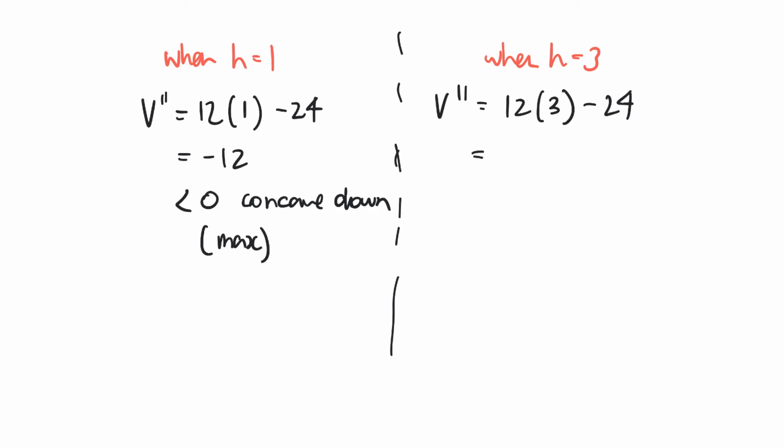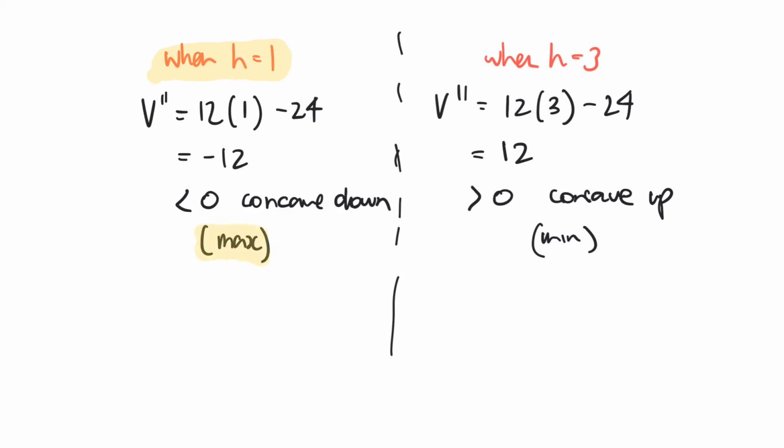Over here, when h is 3, we're getting a positive value of 12, greater than 0, meaning we've got a graph that is concave up at that point, which is going to give us a minimum value of that graph. Now that we've done our work with our second derivative to determine the nature of those stationary points, the one that I'm going to use from here out is this one when h equals 1, because it's giving us a maximum.